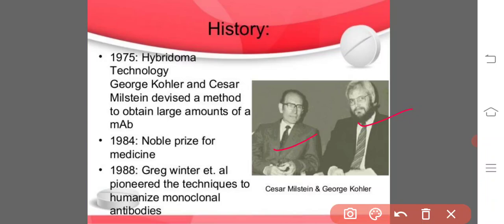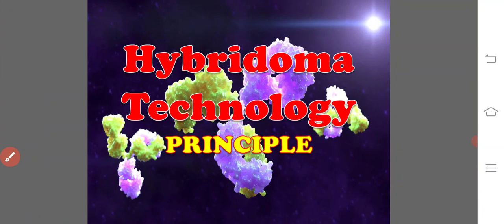This is known as the hybridoma technology, and for this they were awarded the Nobel Prize in the year 1984 for physiology or medicine. And afterwards, in 1988, Greg Winter and his group pioneered the techniques to humanize the monoclonal antibodies.